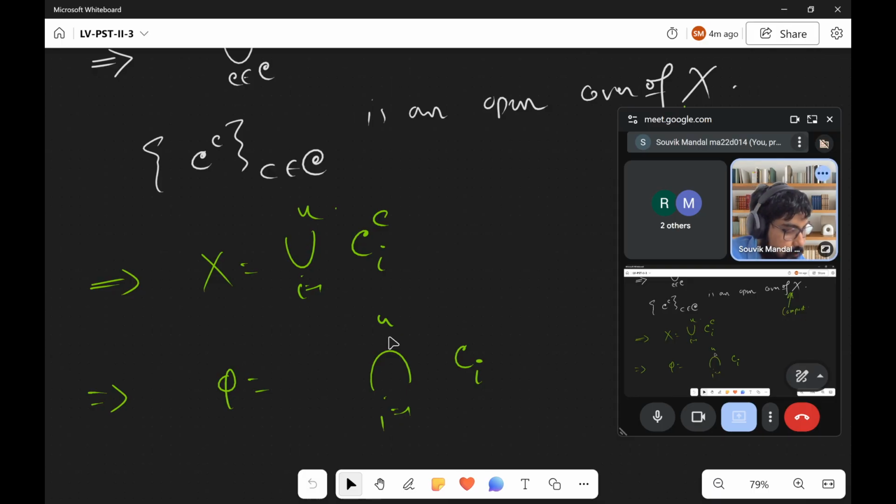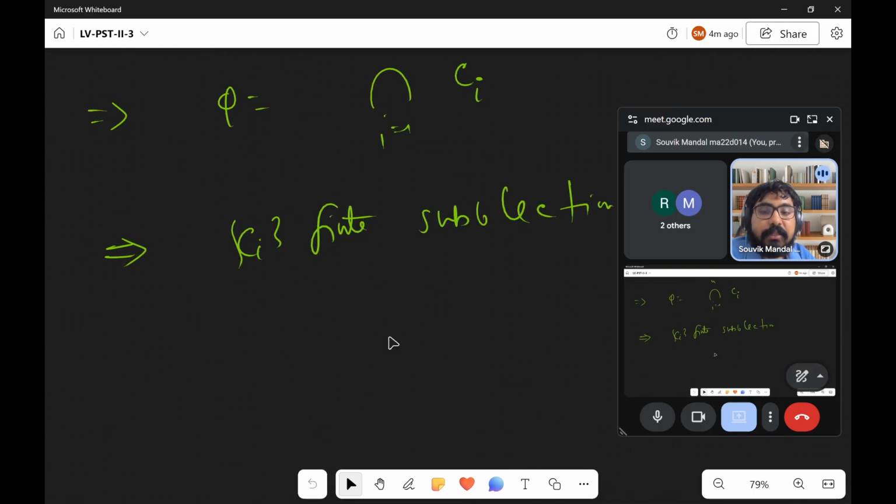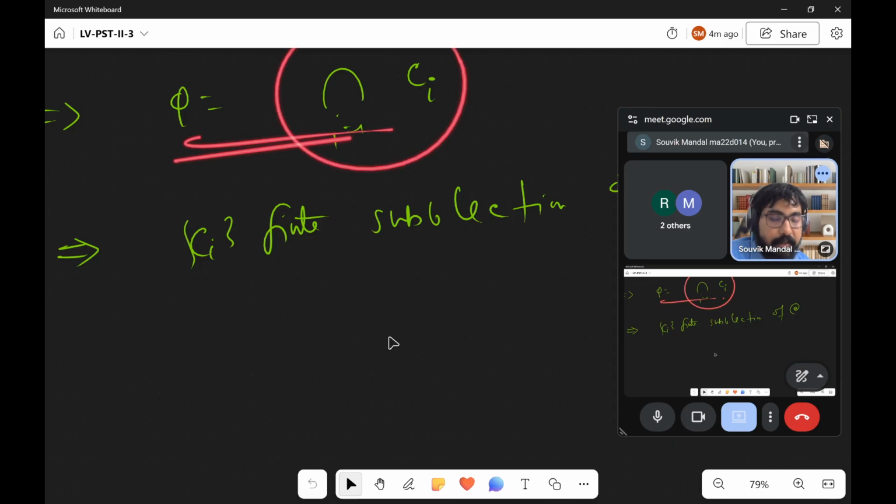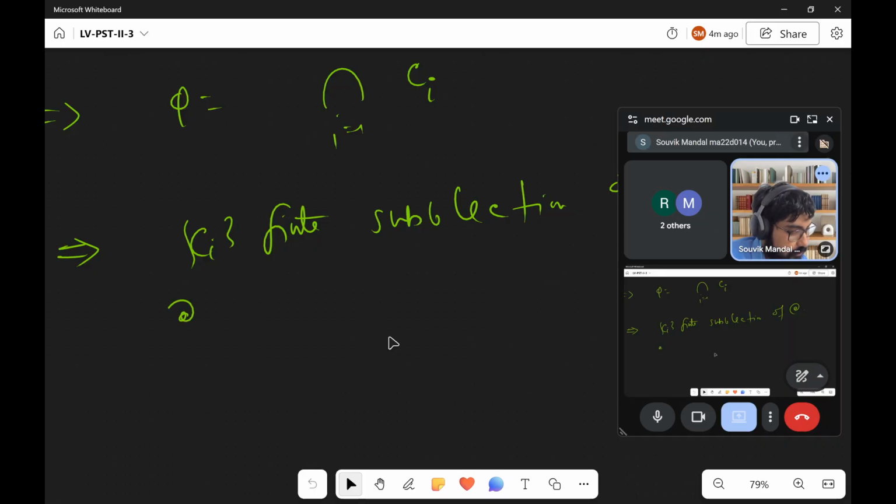So that means this collection of the C_i is a finite subcollection of C, and since their intersection is empty, that means the collection C doesn't have FIP, right?